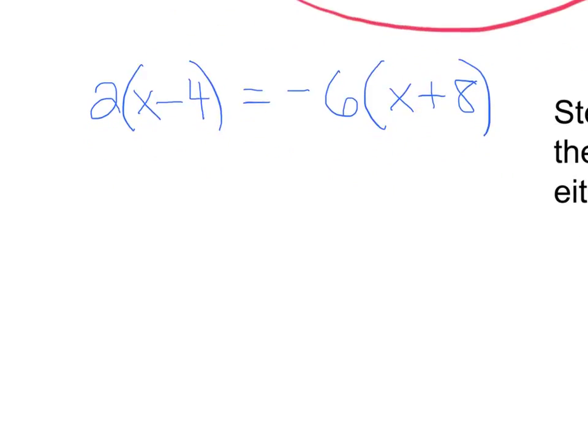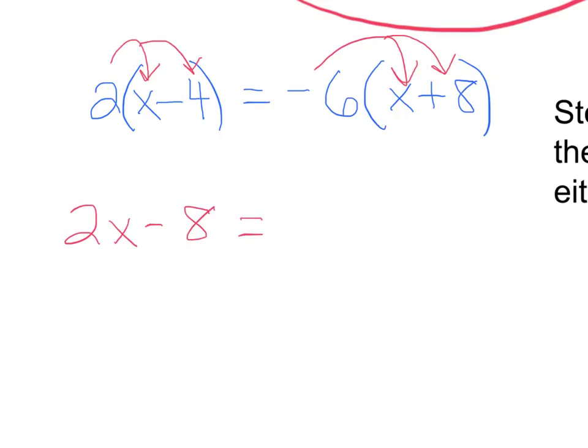Okay, so we'll just continue to work this out. You can distribute the 2 to both those terms. Distribute the negative 6 to both those terms. We got 2 times x here. 2 times negative 4. Negative 6 times x. Negative 6 times 8.